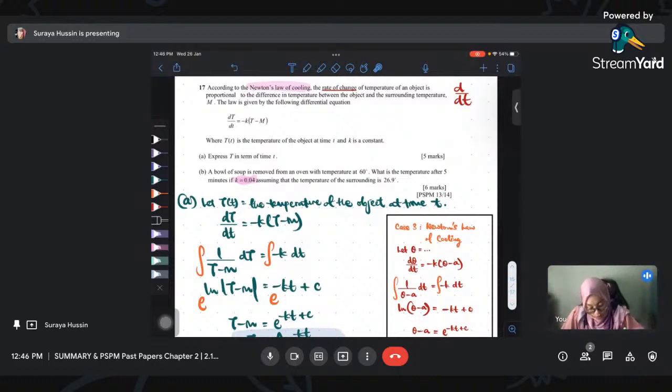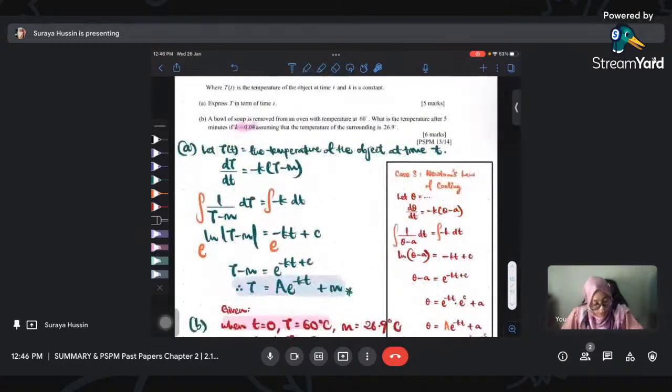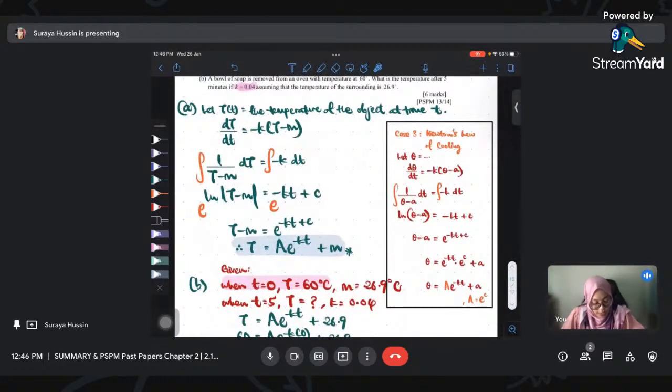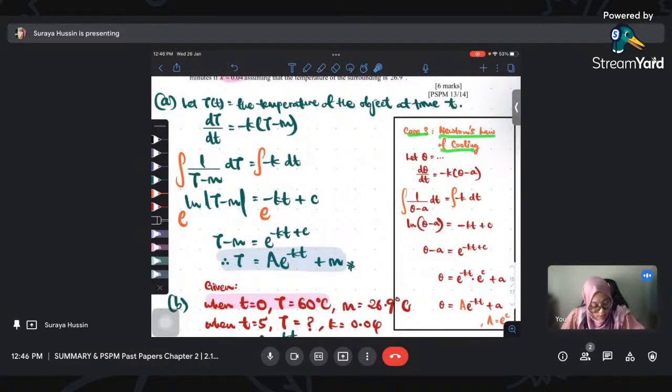Okay. So now dia tengah cakap pasal temperature. Temperature of an object highlighted. Yang dia kata proportional to the difference, difference in temperature between the object and the surrounding temperature. Okay, sebab tu kalau kamu tengok teori ni dulu, case ketiga, Newton's law of cooling.